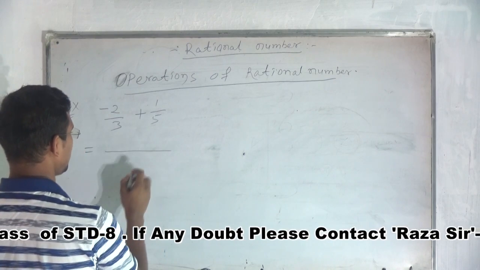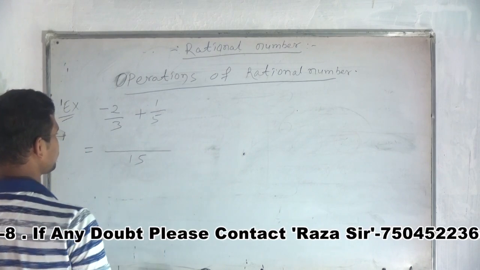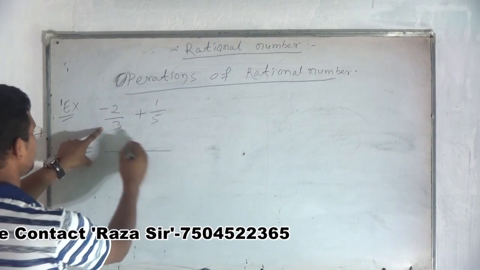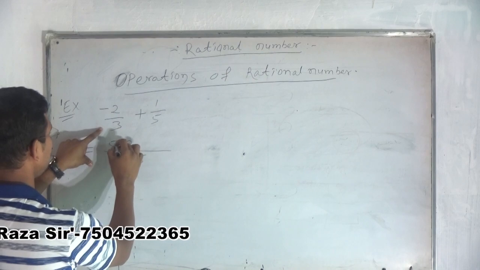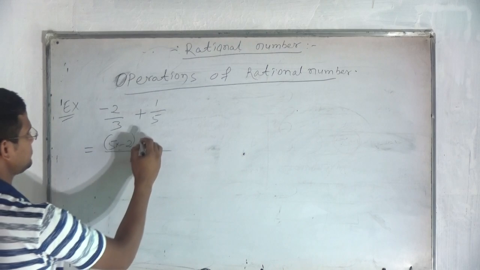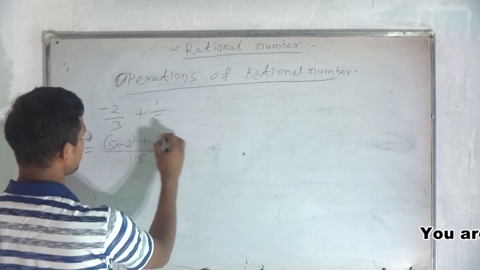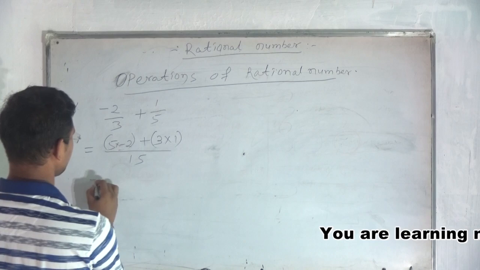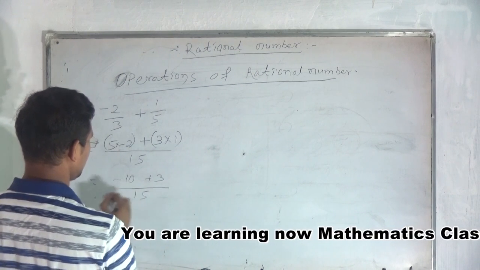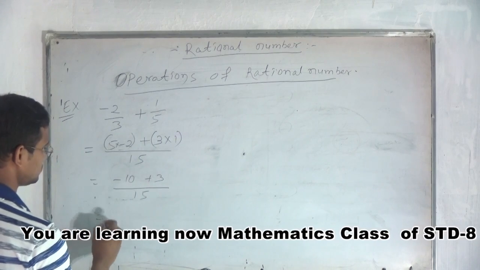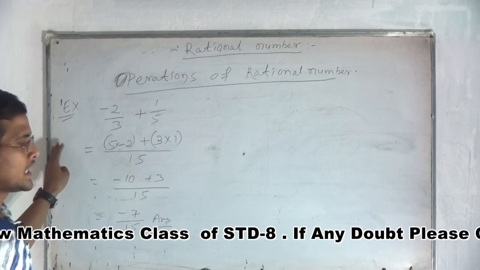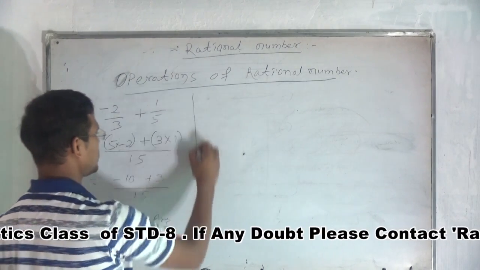LCM of 3 and 5 is 15, then divide it by 3, 5, then multiply with numerators, then plus. Similarly, 3 into 1 minus 10 plus 3 divided by 15, then that equals minus 7 divided by 15. It's an addition of rational numbers.